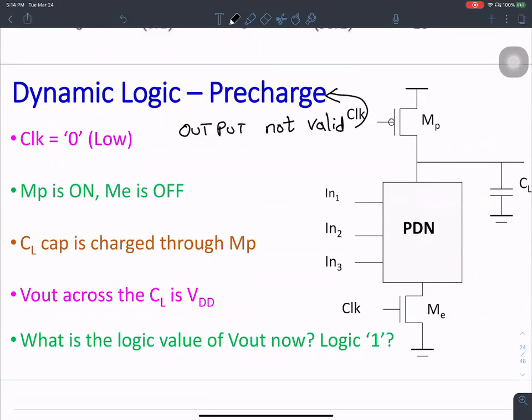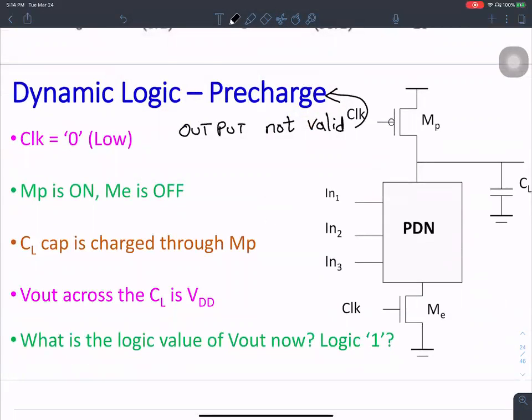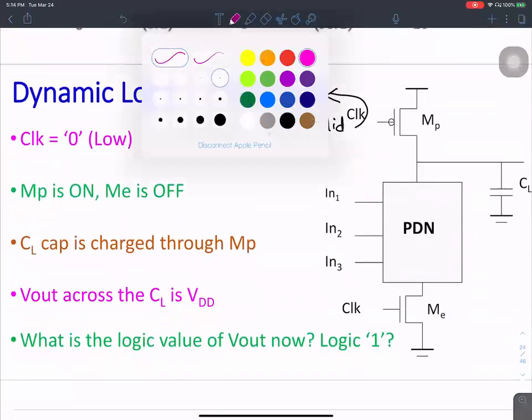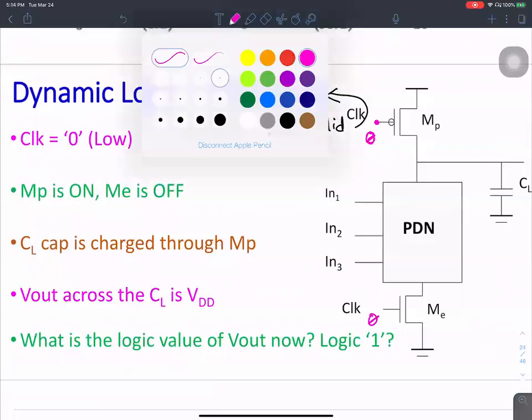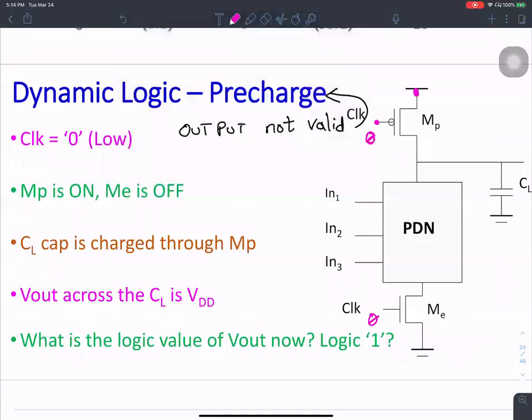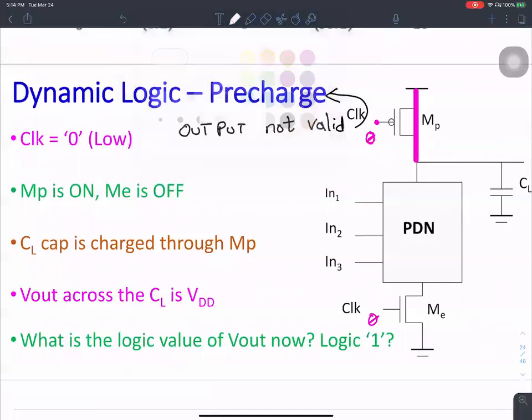Okay, so this is the preparation stage, even before the logic is evaluated. So let's see how it operates. Pre-charge phase happens when the clock is 0. When the clock is 0, the same value of 0 appears on the gates of MP and ME. Because the clock is 0, the PMOS transistor is on and the NMOS transistor is off.